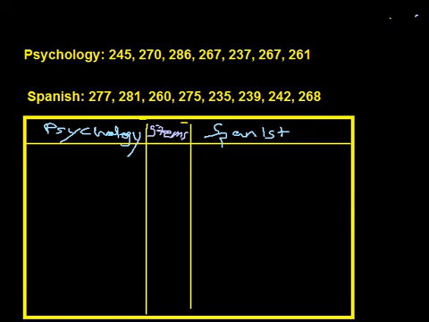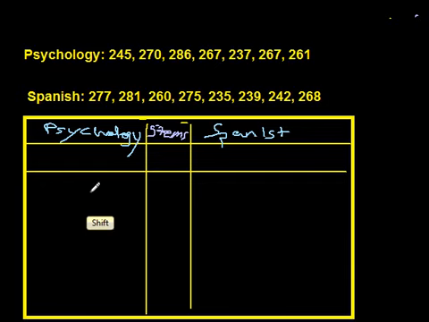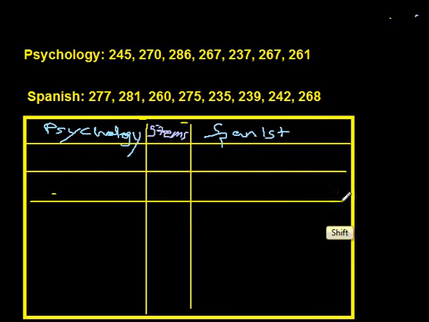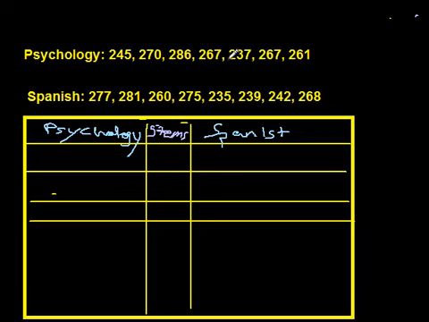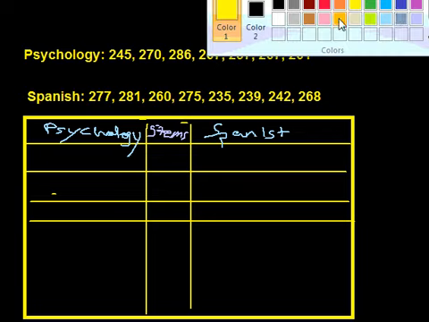And by doing that, we're going to look at it from least to greatest. The smallest number up there looks like 235 might be the smallest number. My first value that's going to go right there is a 23 for 230s.